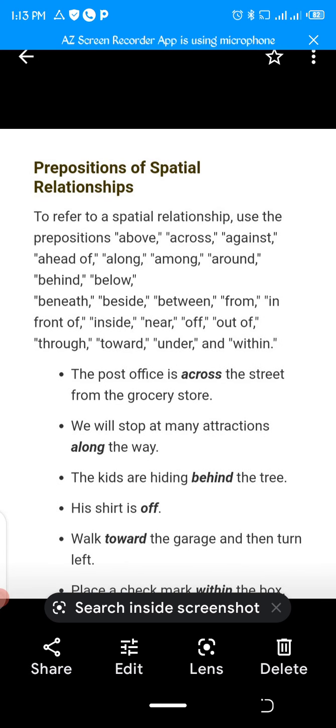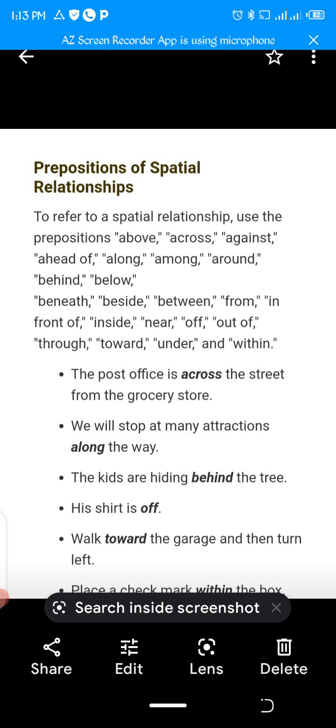Lastly, we have prepositions of spatial relationship. When we're talking about spatial relationship, we are talking about direction, the relationship that has to do with directions.